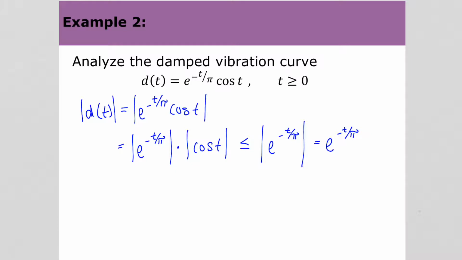What does this tell us? This tells us that the displacement has to be between negative e to the negative t divided by pi and positive e to the negative t divided by pi. Well, what is e to the negative t divided by pi? It's whatever we plug in for t. It's a function. We're going to be graphing this thing.